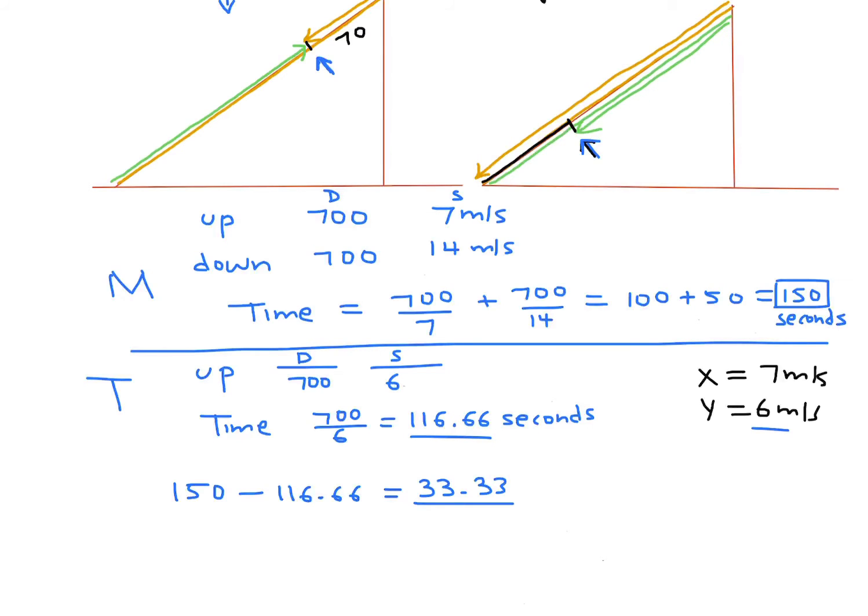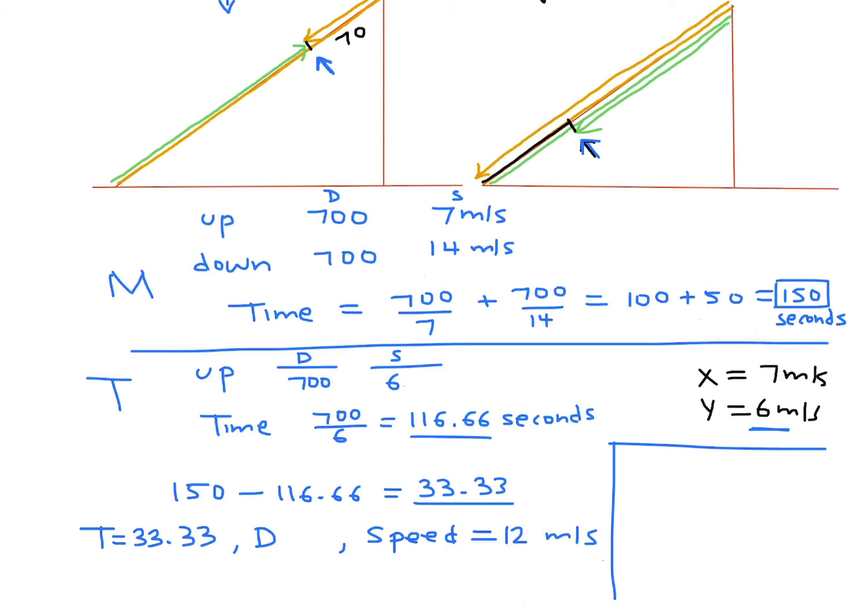So we have to figure out his distance after 33.33 seconds going downhill. So now we've got time is equal to 33.33, and distance is what we're trying to figure out, and speed. What's our speed going downhill? It's 2 times 6, remember? So it's 12 meters per second. So what is our formula for distance, speed, and time?